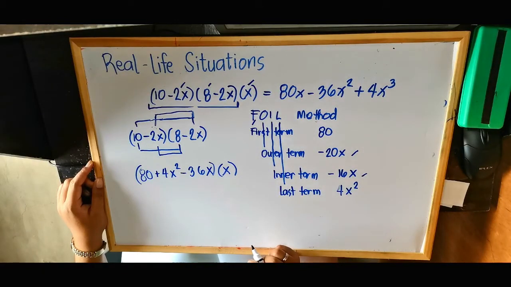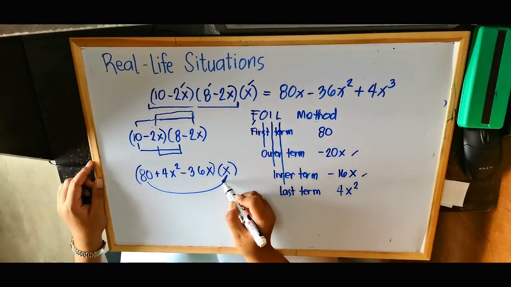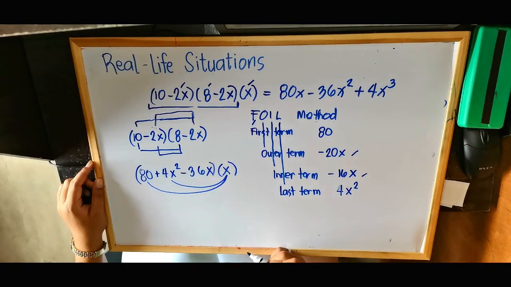So, this time, we will use the distribution method. We distribute positive x to positive 80, to positive 4x squared, and to negative 36x. Okay. So, what is the result?